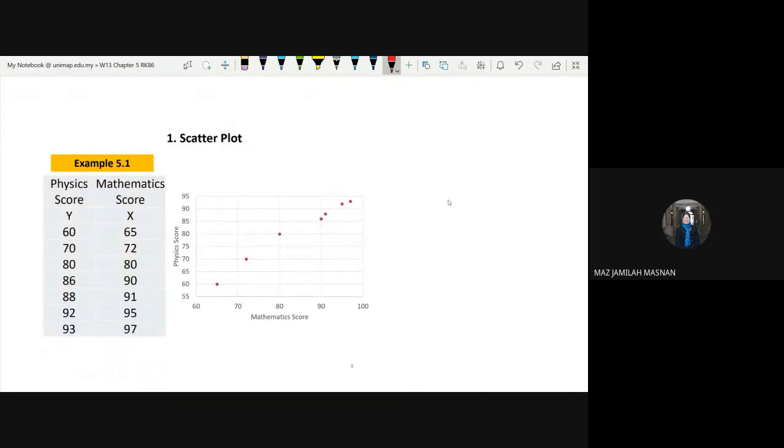For example, in example 5.1, you have the physics score and mathematics score, a data set of 7 points. With the scatter plot, you can imagine the relationship between the two variables you have in hand.